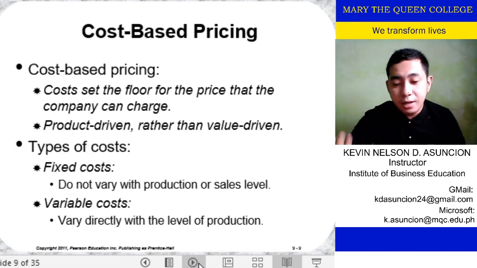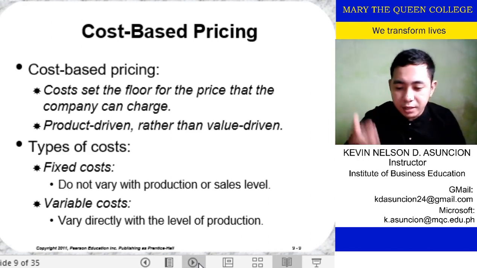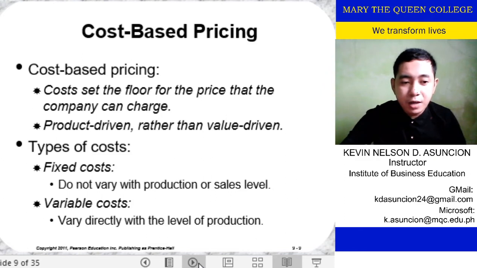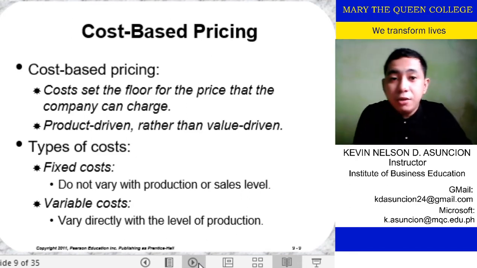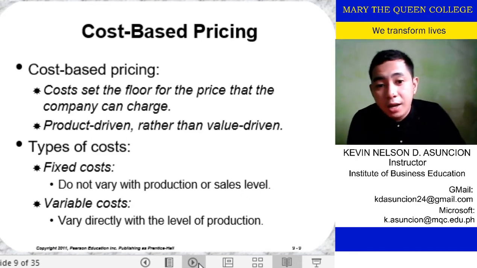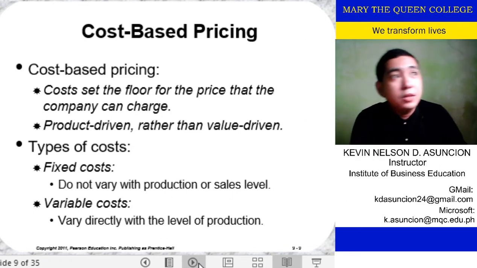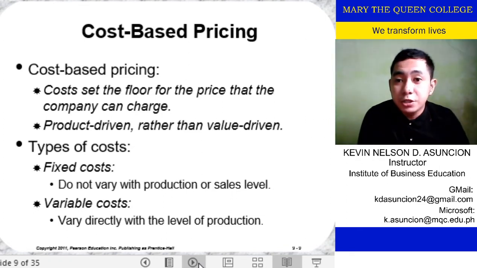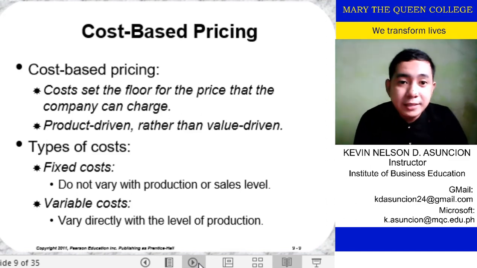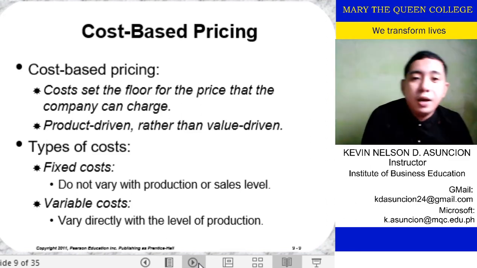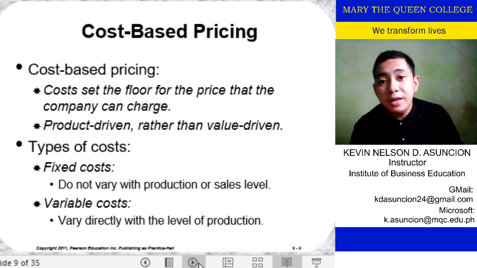So you just think about that price should still be affordable. So, yun yung kino-consider mo. So, that's the cost-based pricing, or at the very least, you don't think about the market, the competition. So, you think about the profit na ipapatong mo dun sa produkto. So, that's cost-based pricing. So, this is product-driven, rather than value-driven.